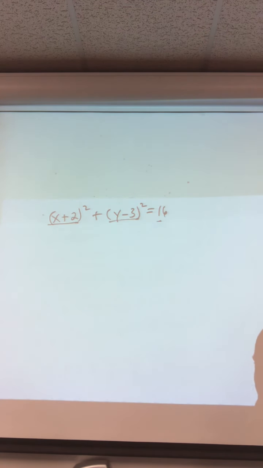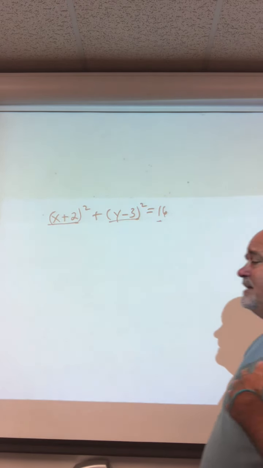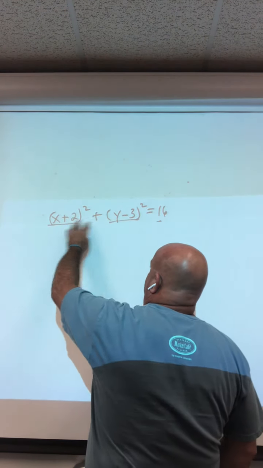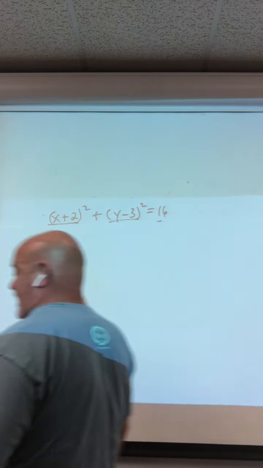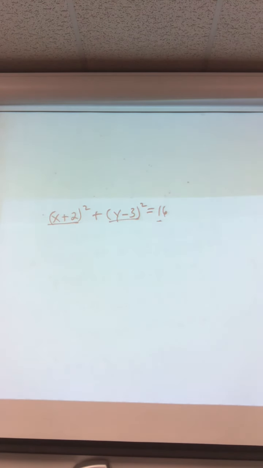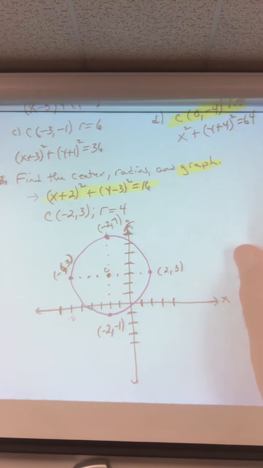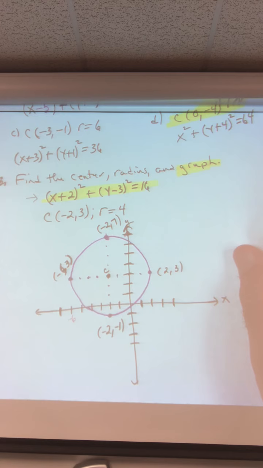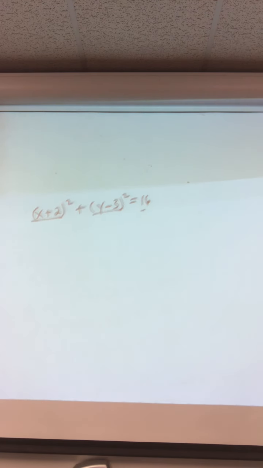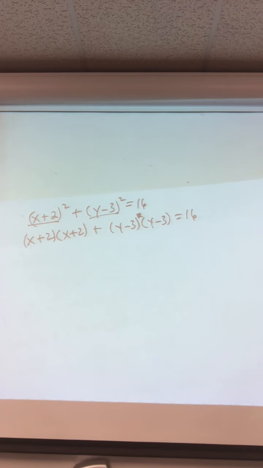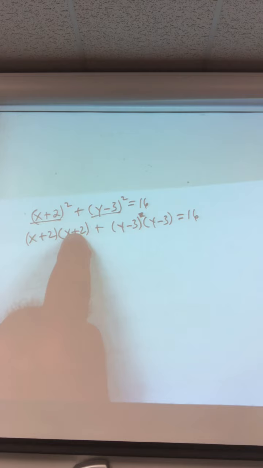Now, here's what I want to do. I want to show this to you. Let's suppose I took this and I took this and multiplied it out. So just watch. And by the way, let me back up here. I need to tell you to pause this video and sketch the graph now. Okay, sorry about that. All right, so let's suppose I took this. Don't write this down. Let's suppose I took x plus 2 squared, which means x plus 2, x plus 2.